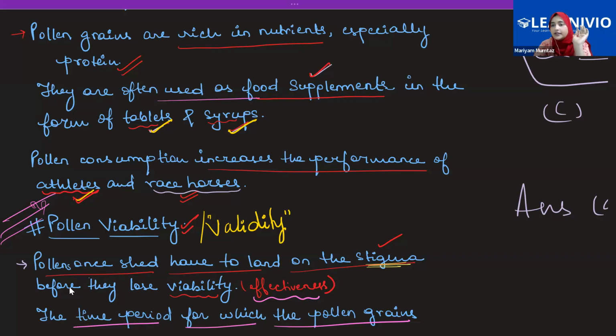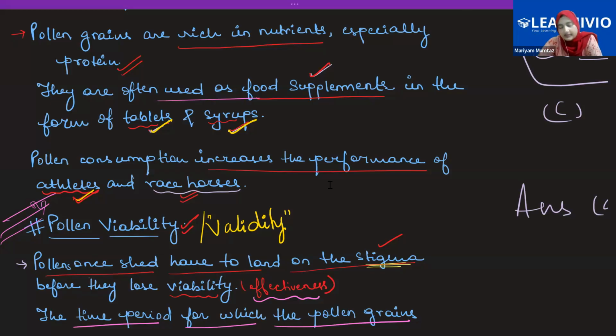Safrina, are you able to hear me? Yes, ma'am. Okay. When we are talking about meiosis, if the parent cell is diploid, then at the end of meiosis, the daughter cells will have half the number of chromosomes. They will be haploid. This is the major difference, and you should remember it. Even if you don't, try to skim through and check it on the internet, but you should know the difference.